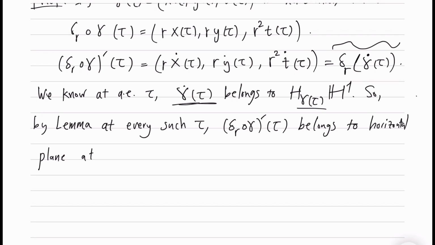The lemma says that dilation belongs to the horizontal plane at dilation. So delta r applied to gamma of tau, which is delta r composed with gamma at tau.